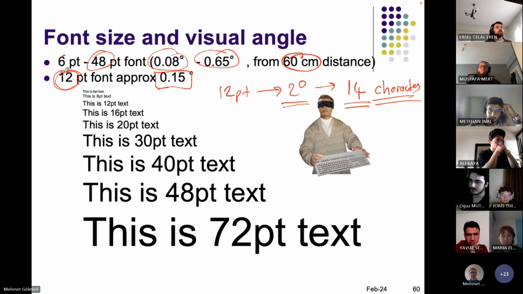At 14 point, it goes down. It's probably 11. At 16 point, it's probably 8.